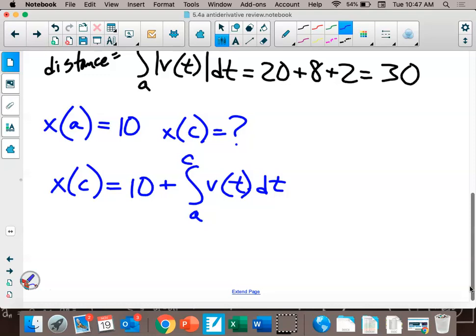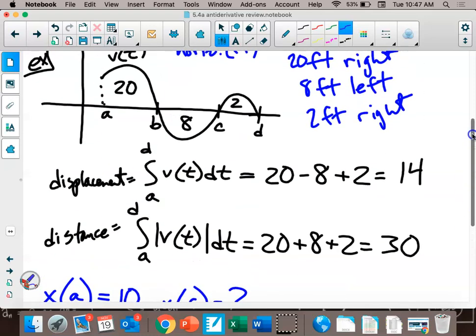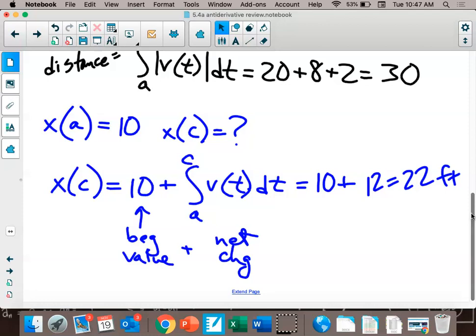It's your beginning value plus the net change. So what would our x of C be? It'd be 10 plus the integral from A to C, which is 12. So my position at time C would be 22 feet, based on some set coordinate plane.